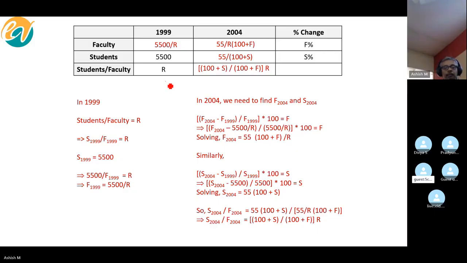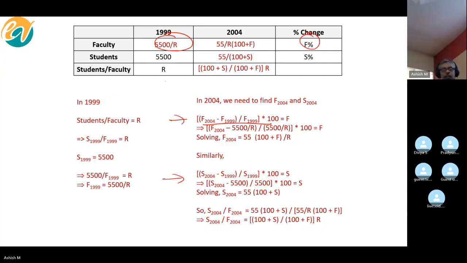Because we know F percent and the value in 1999, to calculate the value in 2004, can't we just put it as an equation and then take the ratio? Actually, that's exactly what we've done also. So this is basically what you are suggesting, that we can directly get to that final equation. Yes, that's fine.